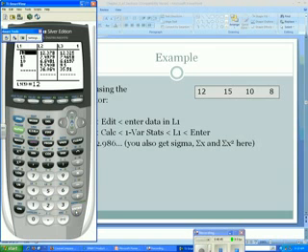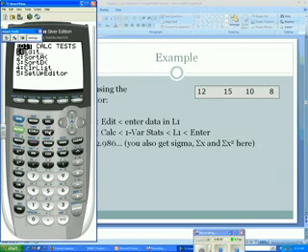So 12, 15, 10, 8, double check it, and then it's just as easy once you've got that data in there as pressing a couple of buttons and it gives you the answer. Also, be sure that you're doing Sx for the sample standard deviation and not sigma. Sigma is the population standard deviation, and it gives you a slightly different value, and we'll talk about why when we get to doing that.